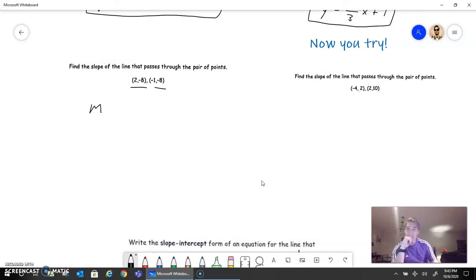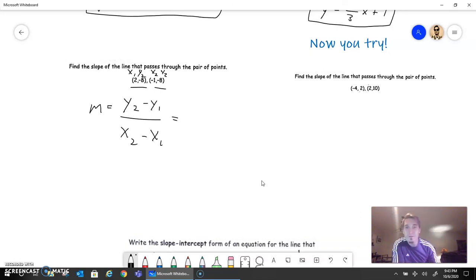The slope equation is y2 minus y1 over x2 minus x1. It doesn't matter which point you call x1, y1, x2, y2, but just keep the points straight once you start designating certain values. So I'll call the second one x2, y2, and the first x1, y1.